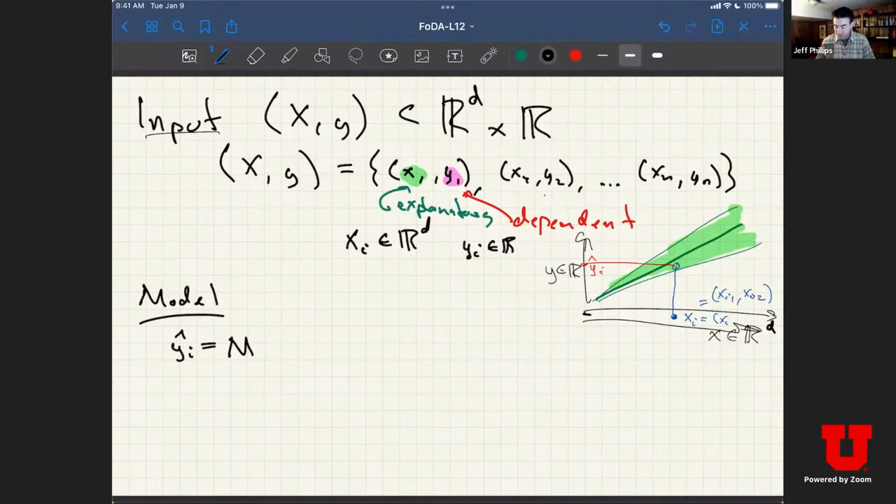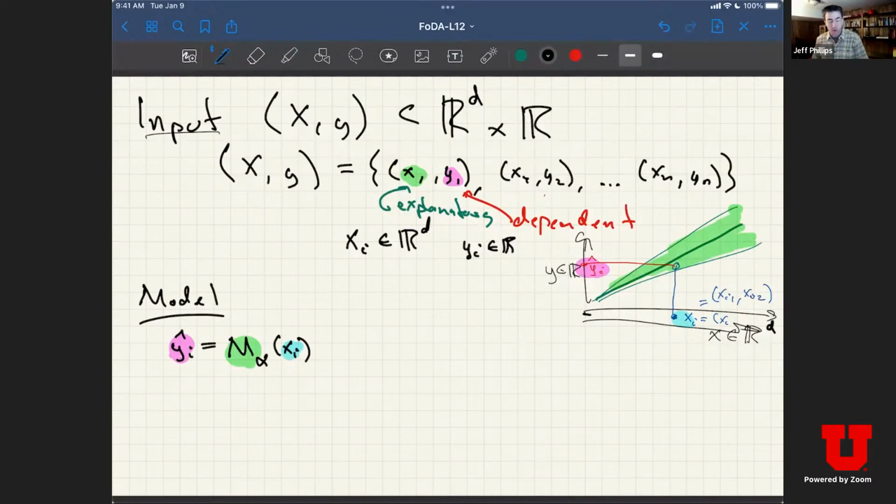I'm going to write this as a function m, parameterized by alpha, and I'll explain what alpha is soon. It's going to take in this value xi, which corresponds to the point down here, and it's predicting a value yi, which is here. And the model is the green function, which is doing all the work. It's doing the mapping.